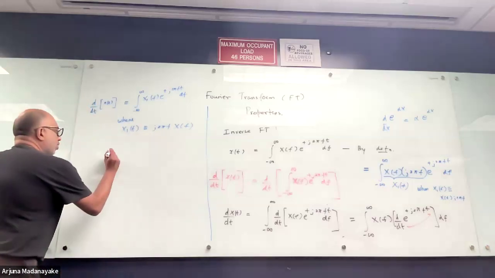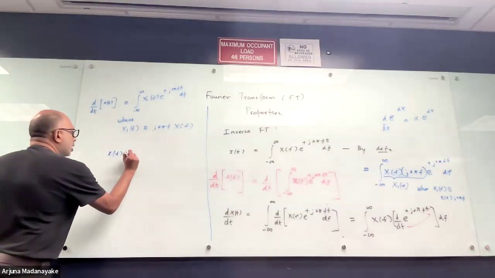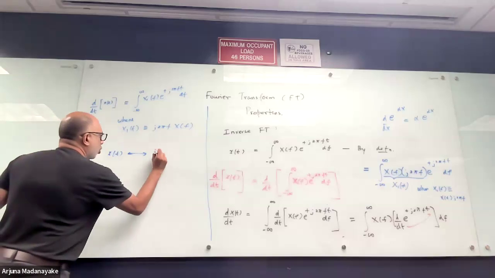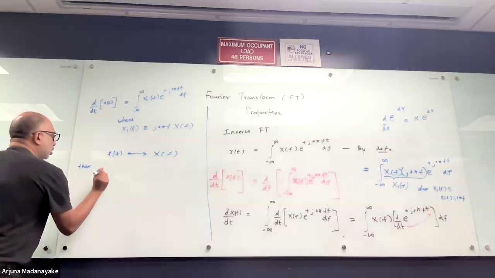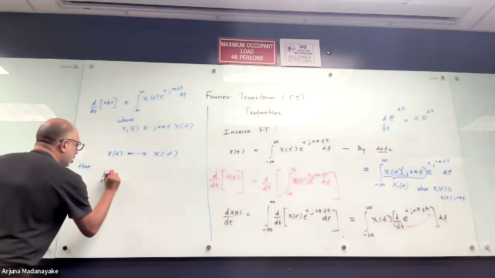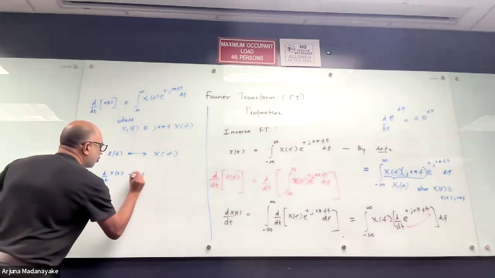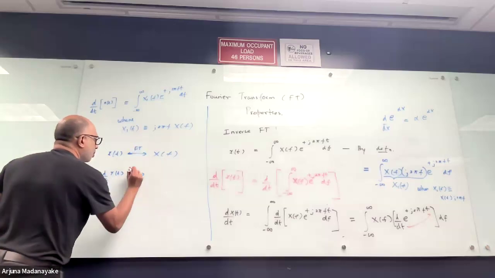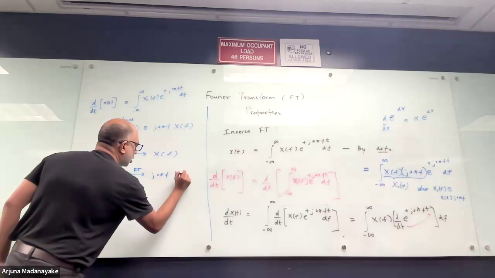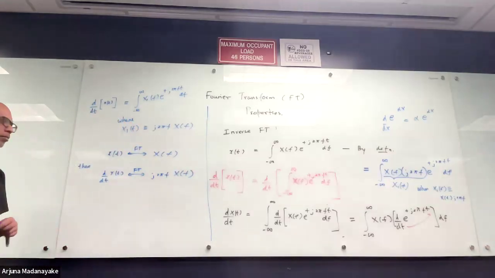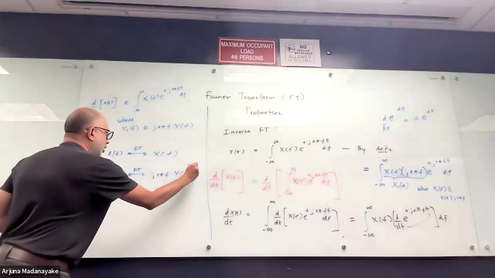So we can write the Fourier transform pair: if x of t has a Fourier transform x of f, then d over dt x of t has a Fourier transform pair j 2 pi f times x of f. That's the theorem.